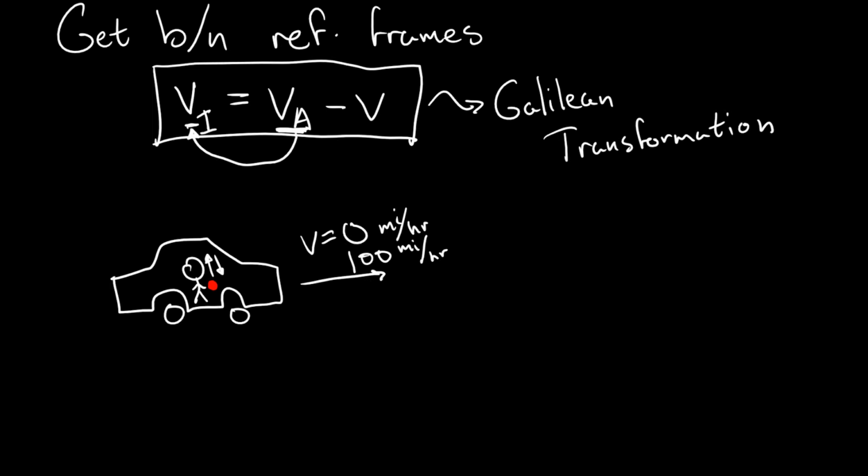There's no difference, according to this person standing in the car. So we have something which tells us that the laws of physics, so in this case, the laws which describe how this ball is going to move once I throw it, should not depend on relative velocities as long as they're constant.